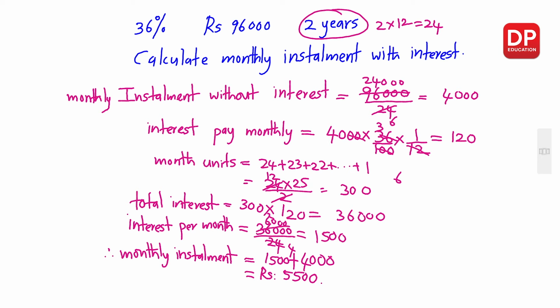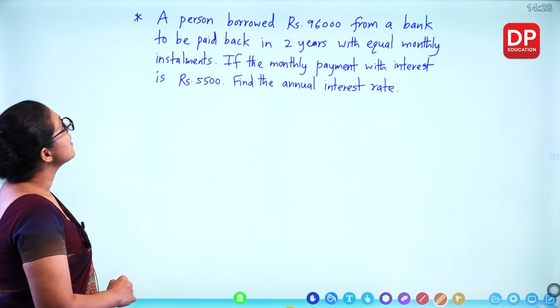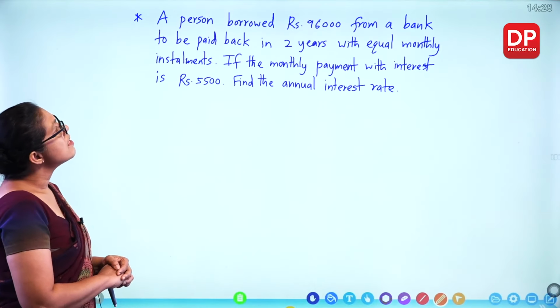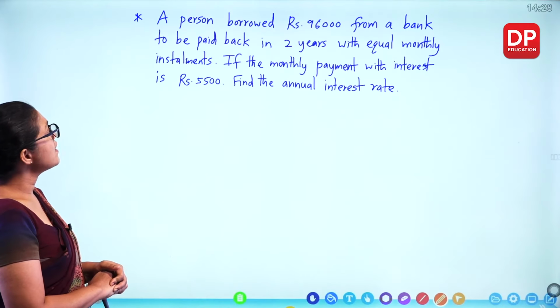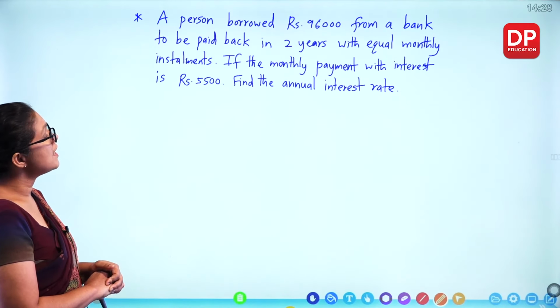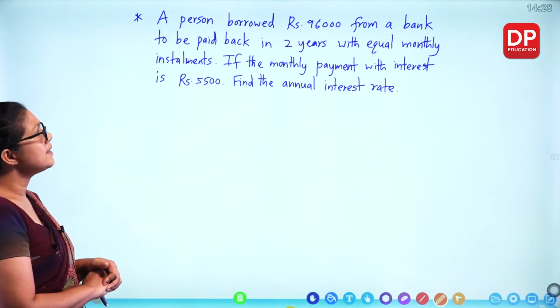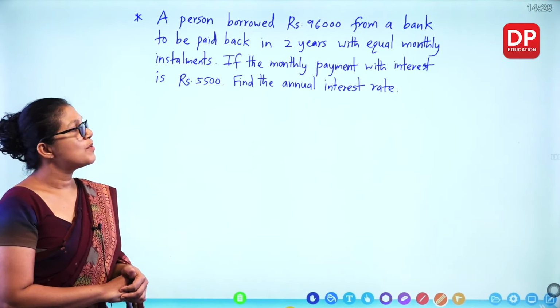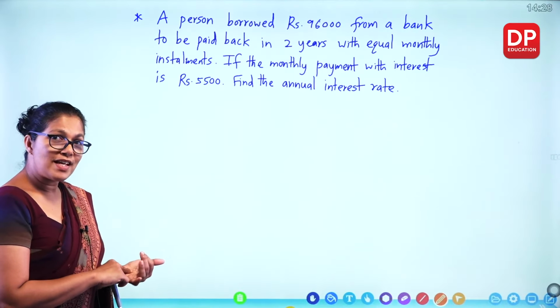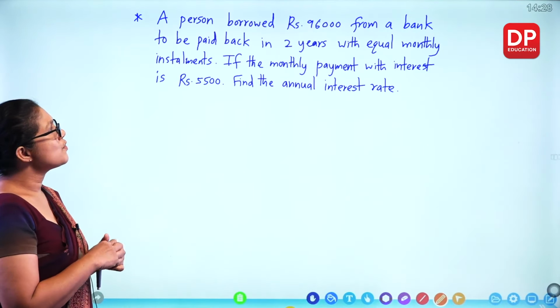Another question. A person borrowed this 96,000 from a bank to be paid back in 2 years with equal monthly installment. If the monthly payment with interest is 5,500, find the annual interest rate. So this is the previous example in a different way.